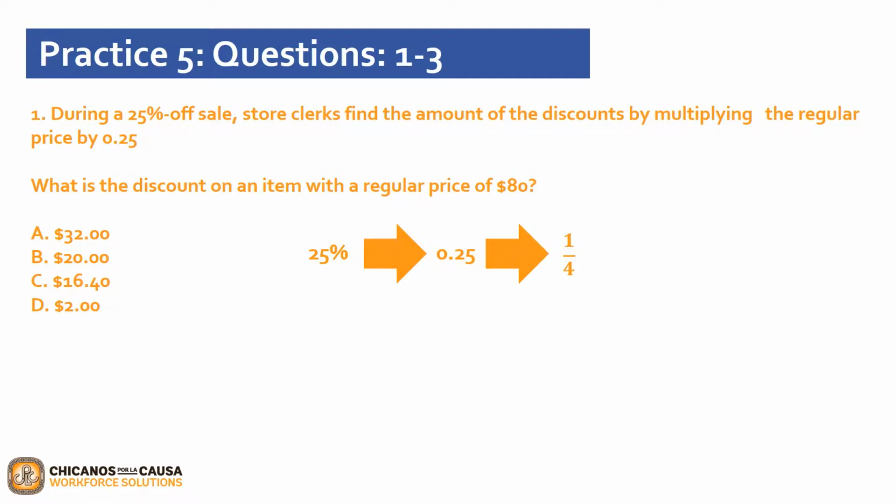So like before, we're going to take 1/4 and multiply it by 80 over 1. This gives us 80 over 4, which then we can further reduce to 20. This means that the discount of that item is actually going to be $20 as our final answer.